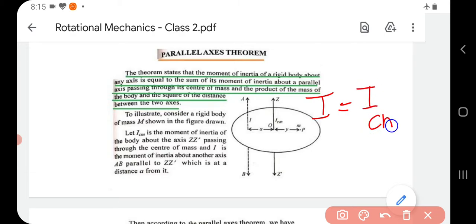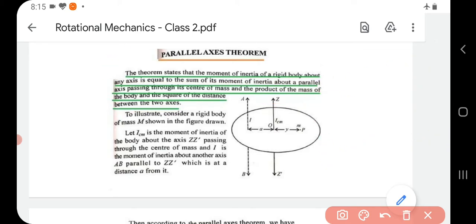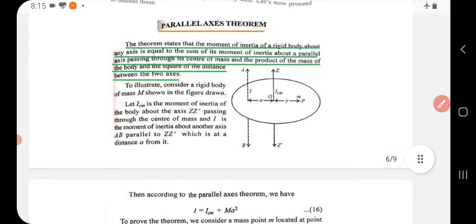Let that be I_CM, moment of inertia about the center of mass, plus the product of the mass of the body and the square of the distance between the axes. The distance between the axes is a. So this is the mathematical representation of this statement. So let us see the proof.